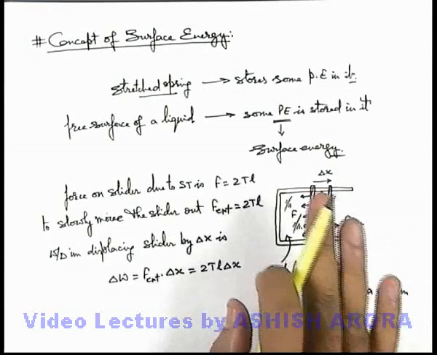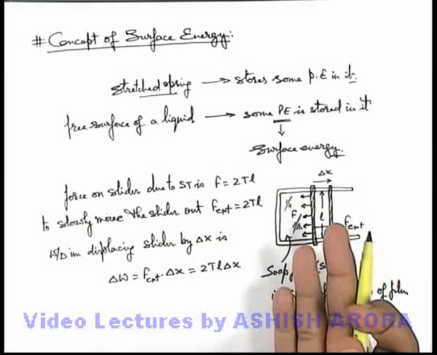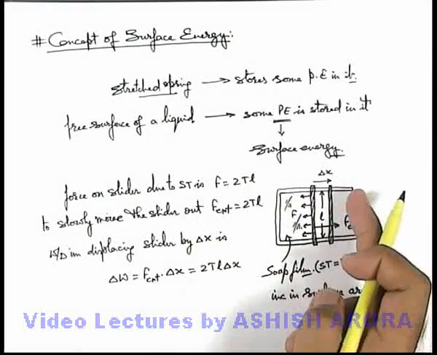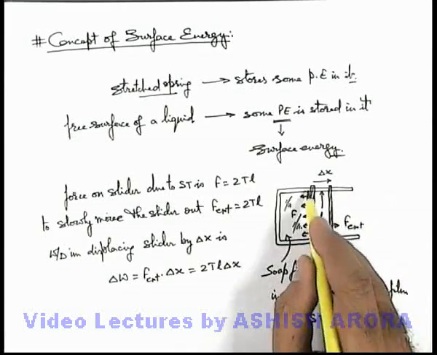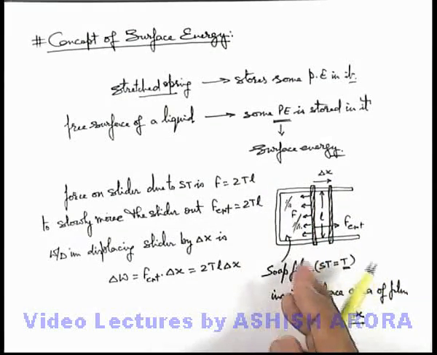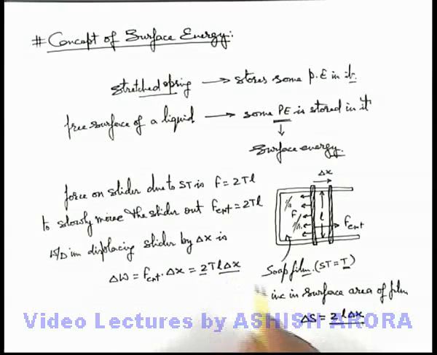One surface is above the film and the other is below the film, so the total increase in surface area will be L delta x on one side and L delta x on the other side. So the work done can be written as T delta S.